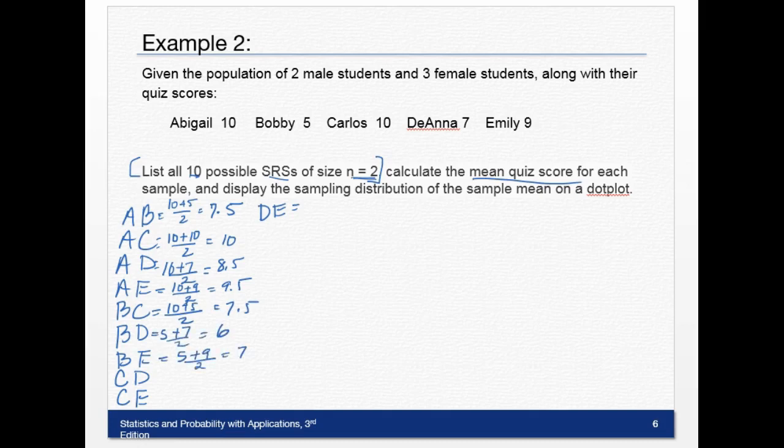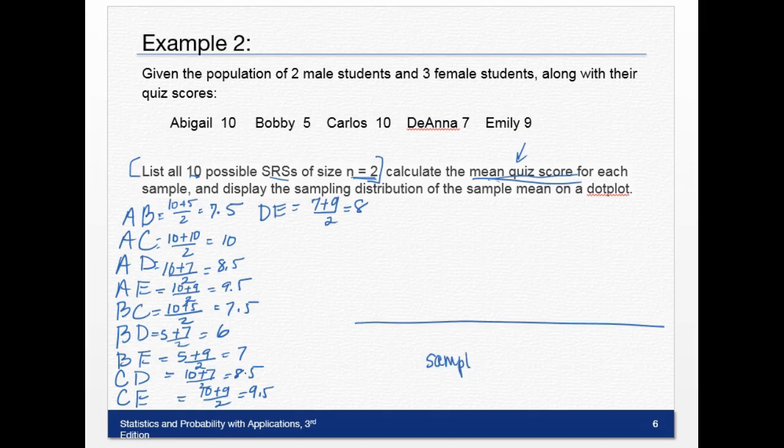Then Abigail and Deanna: 10 plus 7 is 17, divided by 2 is 8.5, and so on, until I've covered all 10 different samples of size 2 and found the averages of each. Once I know that, I can move on to the next step for the dot plot. It says display the sampling distribution of the sample mean on a dot plot. So let's create a dot plot.